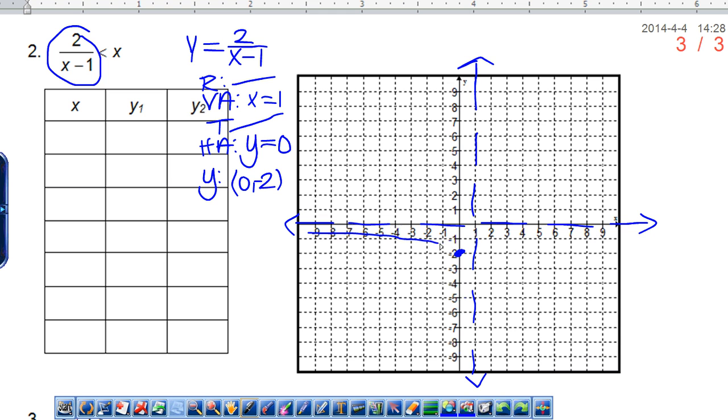One more try. Oh, that was better. All right, where does the other piece of my curve have to go? Top right. Top right, good.